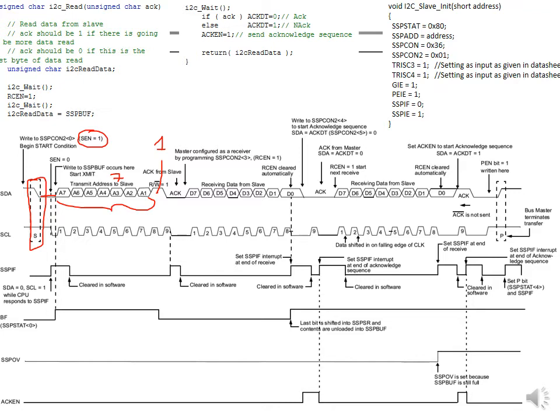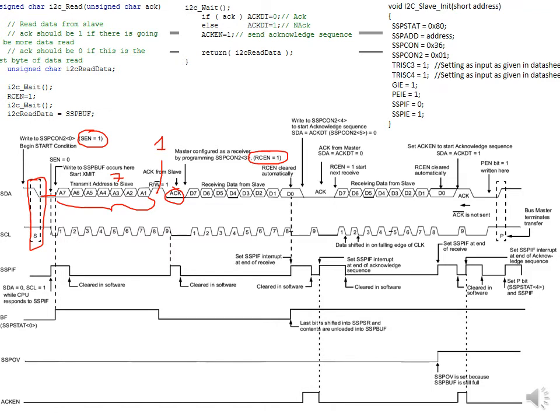And when the slave receives number 1, it will give the ACK signal. That means in the slave they will set this bit equal to 1.